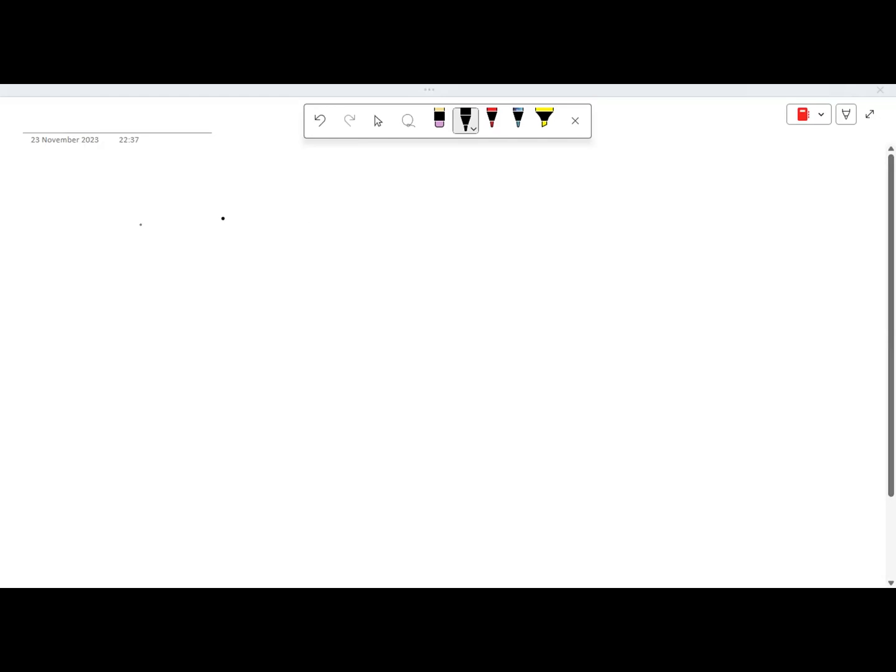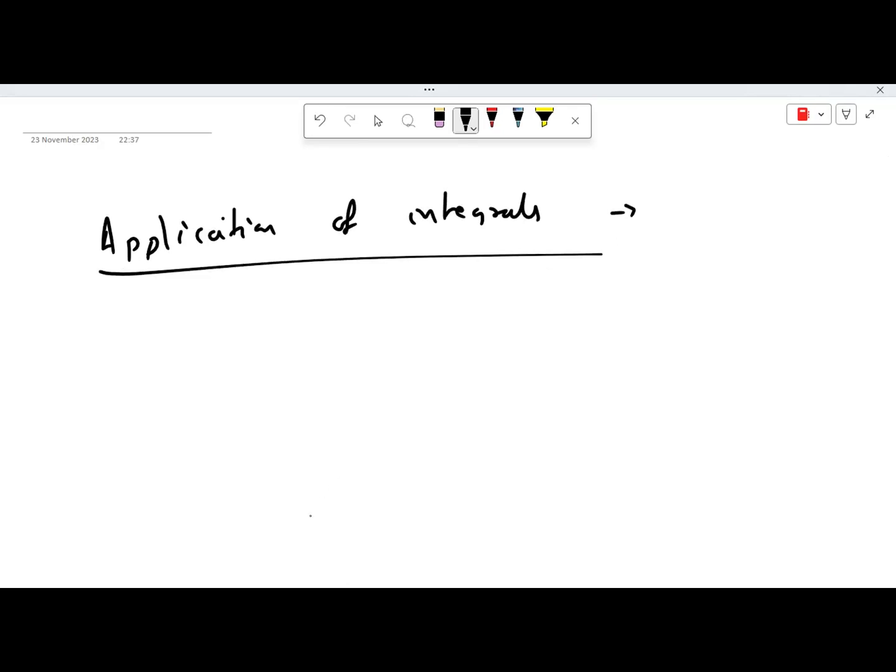Next chapter is application of integrals. Now, definite integration gives you area under curve.